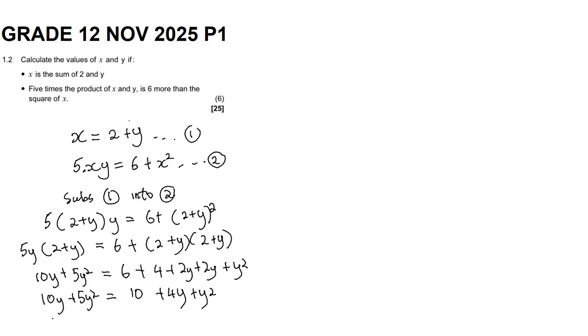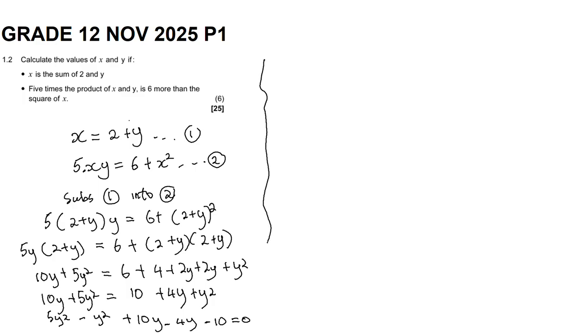Sorry guys, we're going to rewrite these as 5y squared minus y squared, this y squared is the y squared coming to this side, and then plus our 10y there. Then this positive 4y, when it goes that side, is going to be minus 4y. Then 10 when it goes that side is going to be minus 10. All this equals 0.